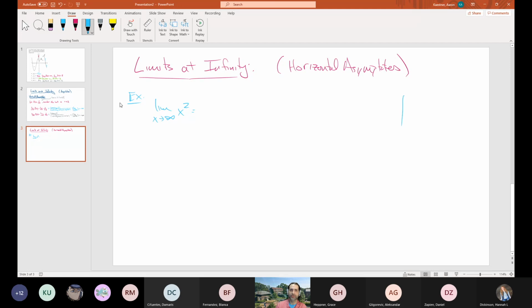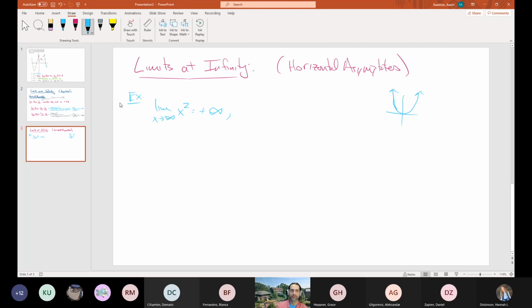And I know what x squared looks like. It looks something like that. And so the more I go off in the positive direction, the further I'm going up in the y direction, the f of x direction. So we can say that that's equal to positive infinity.